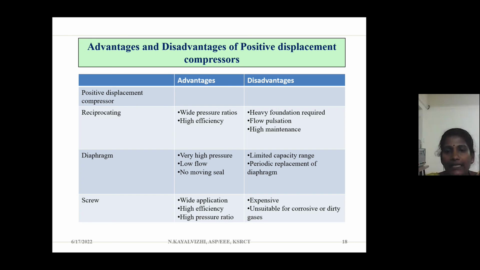The disadvantages are a limited capacity range and periodic replacement of the diaphragm. The screw type displacement compressor has wide application, high efficiency and low cost, but it is expensive and unsuitable for corrosive or dirty gases.